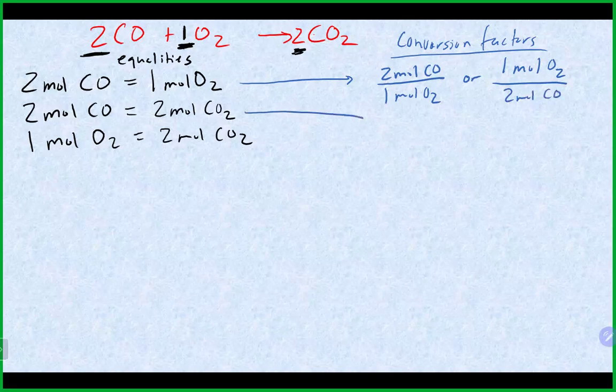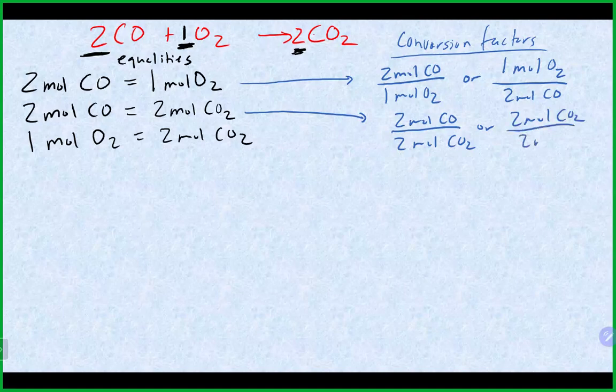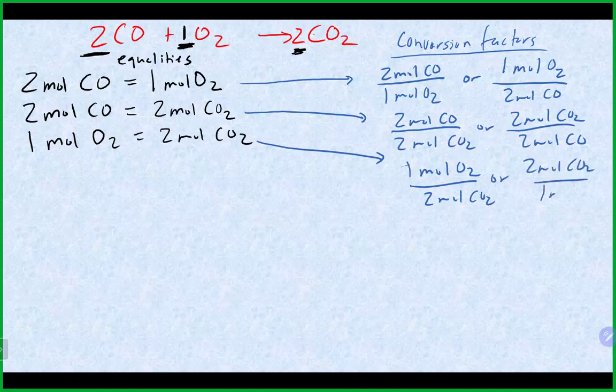For the second one, we could write 2 moles of CO on top, 2 moles of CO2 on the bottom, or 2 moles of CO2 on top and 2 moles of CO on the bottom. And lastly, for that relationship, 1 mole of O2 on top and 2 moles of CO2 on the bottom, or 2 moles of CO2 on top and 1 mole of O2 on the bottom.